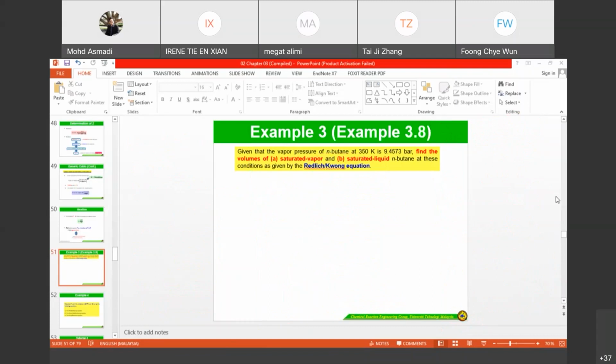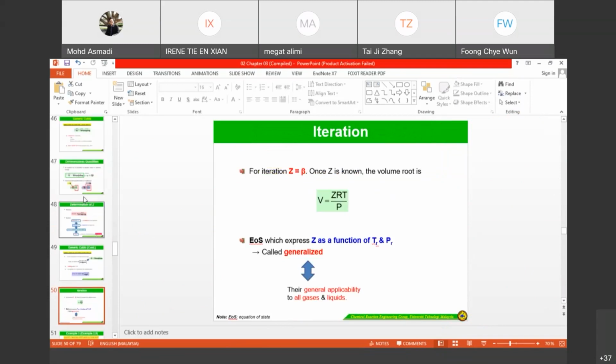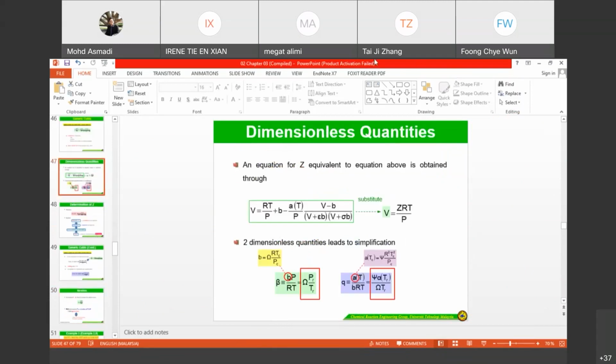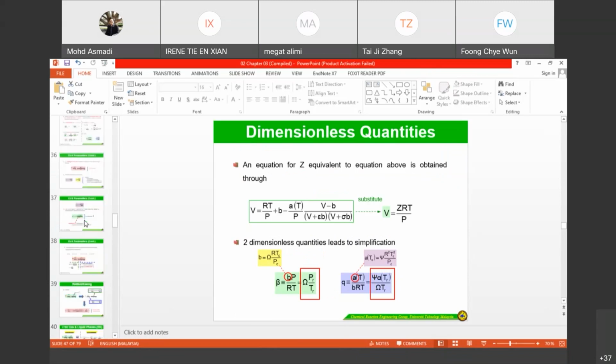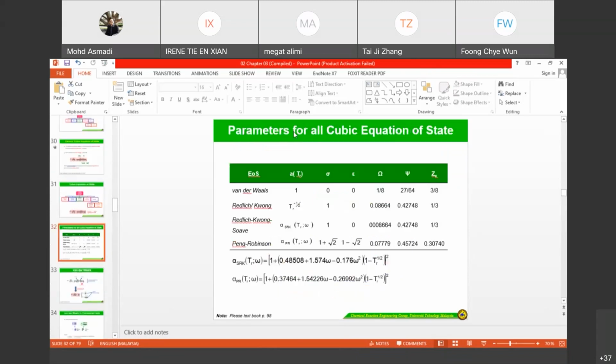Okay, look at this one first. This one is alpha TR, or ATR. If you look here, from Table 3.1, this is alpha TR. For the Redlich-Kwong, it should be TR to the power of negative half.